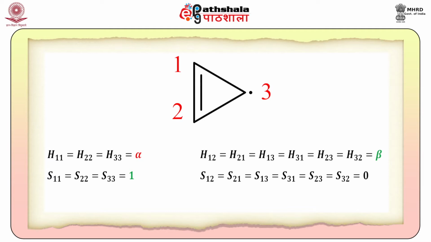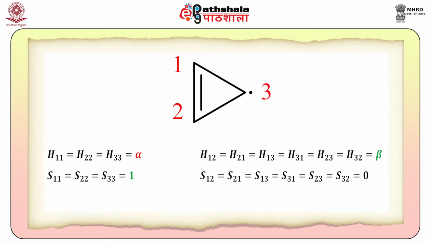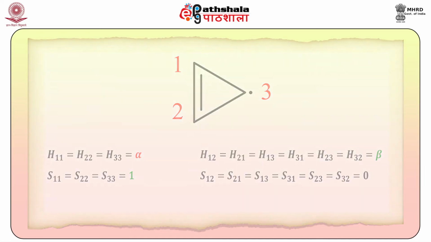And as we have already discussed, the overlap integrals S11, S22, S33 will be equal to 1, whereas S12, S21, S13, S31, S23 and S32 would individually be equal to 0.